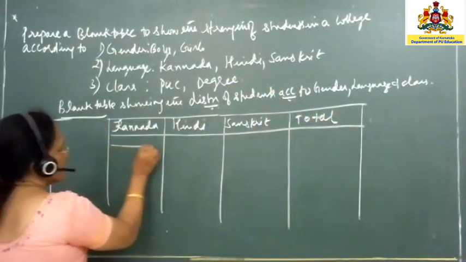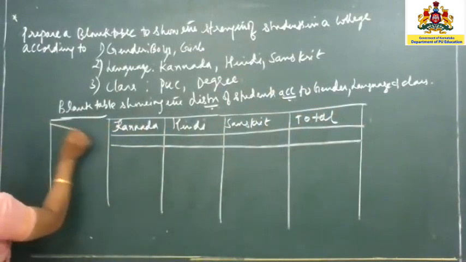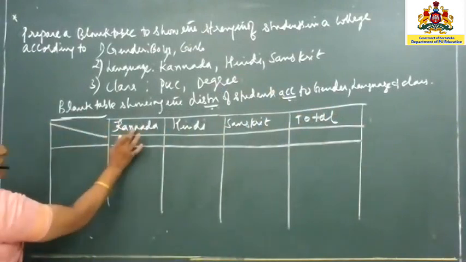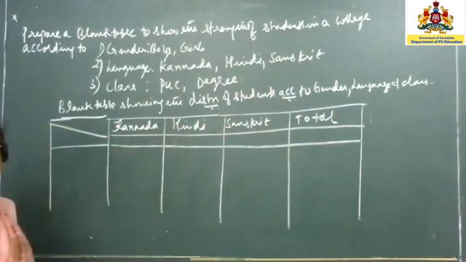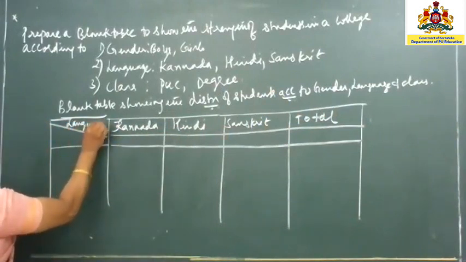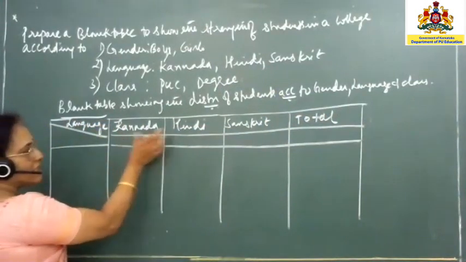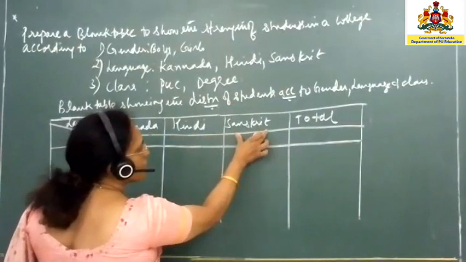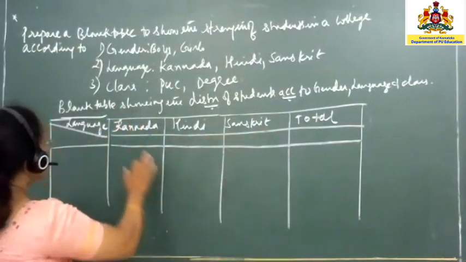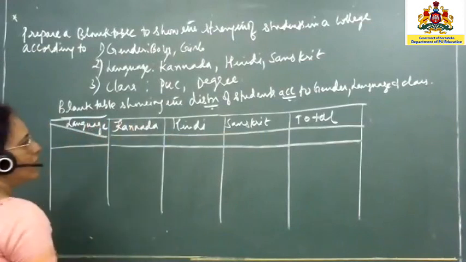Now you can have one more row below that. What do these three languages tell you? This is nothing but your captions, otherwise called column headings. The first column represents Kannada, the second column represents Hindi, the third column represents Sanskrit. Therefore all of them represent language, so language now becomes the caption.